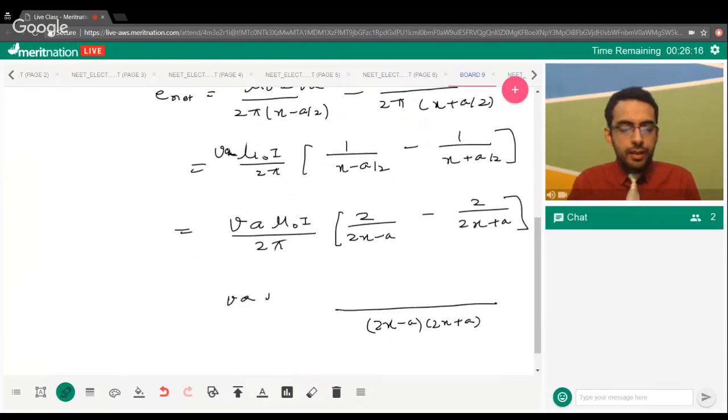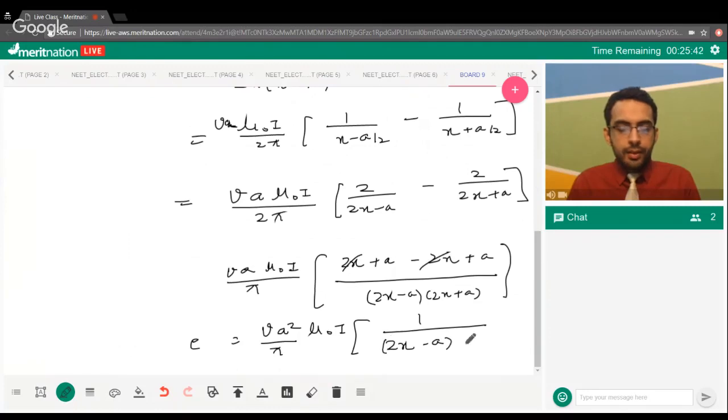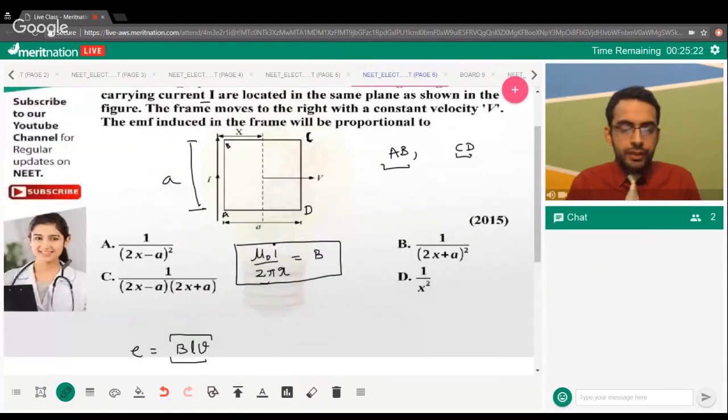So VA into mu naught I divided by pi, into 2X plus A minus 2X plus A. Ultimately, the 2X terms get cancelled out, and we get the EMF induced equal to VA square by pi into mu naught I into 1 by 2X minus A into 2X plus A. So E net is proportional to 1 by 2X minus A into 2X plus A. The correct answer for the given question is C.